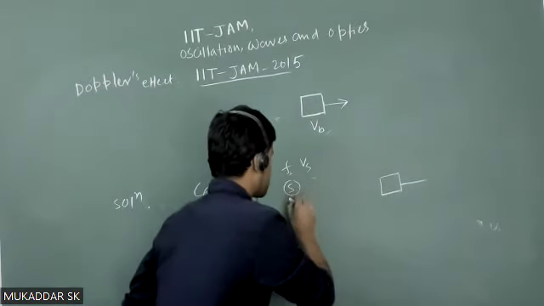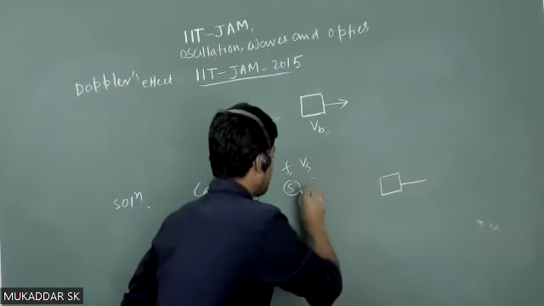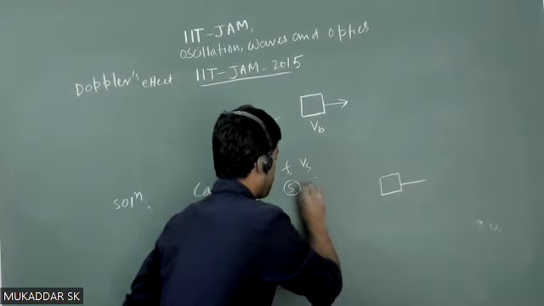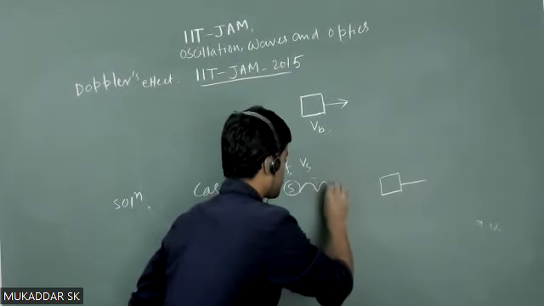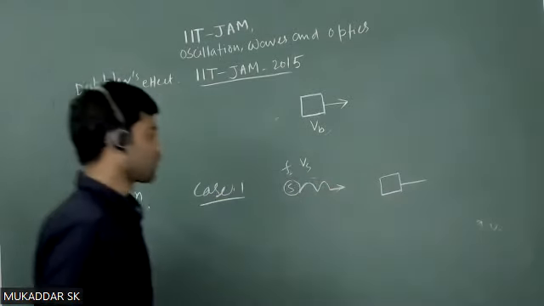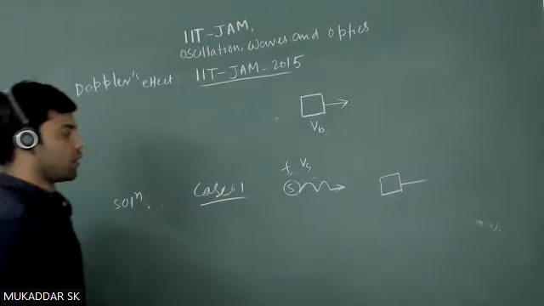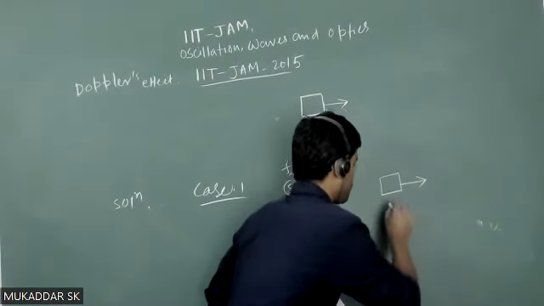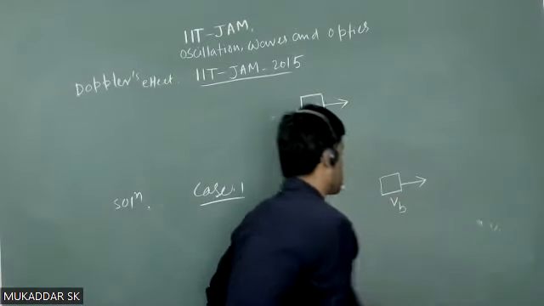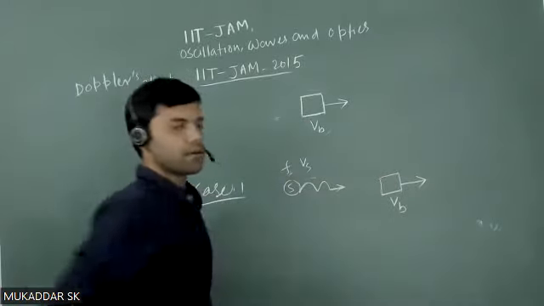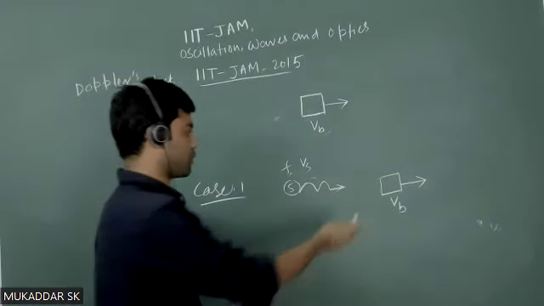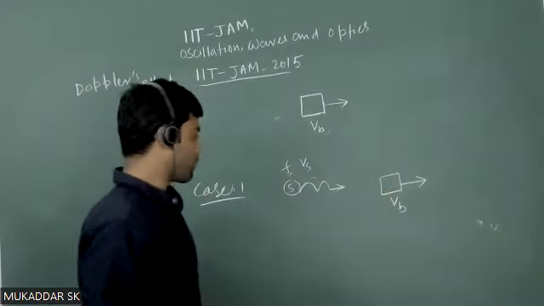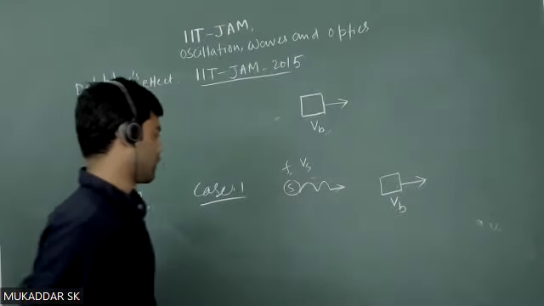This source is stationary and it emits sound. The blood cell is moving in this direction with speed Vb, so the blood cell itself is this time the observer. The observer is moving away from the source, and the source is stationary.